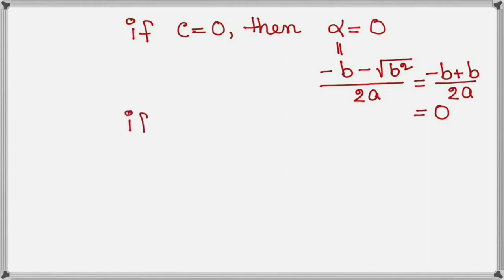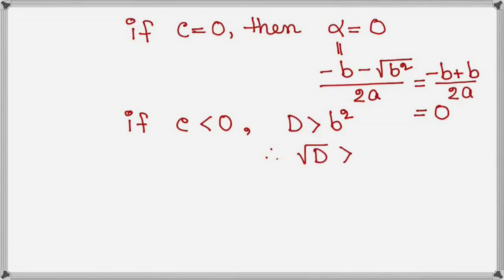Now if c is strictly less than 0, that is if c is negative, then d is strictly bigger than b square. So therefore we have square root of d is strictly bigger than minus b, and hence we can say that alpha is strictly less than 0.